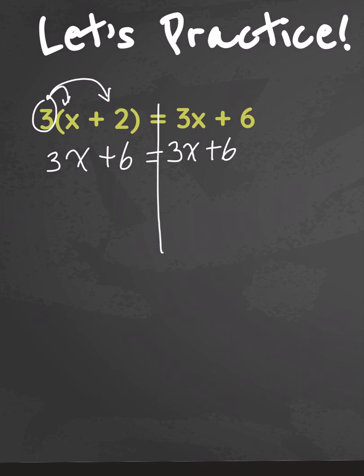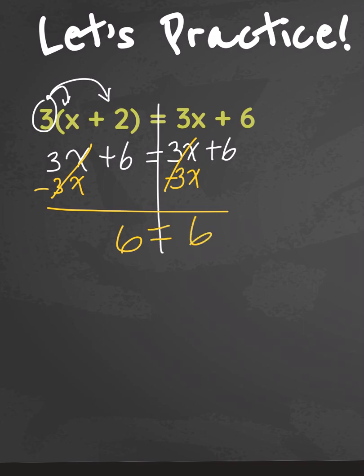We like these problems, because you're done. This is always going to be a true statement. So let me explain why. If I was to keep going like how we have been, I would subtract 3x, right? And this would cancel out, and you would have 6 is equal to 6. Is that true? Yeah.